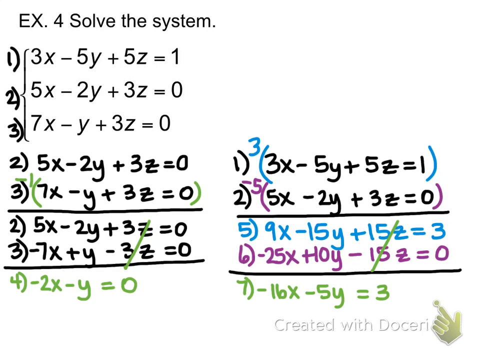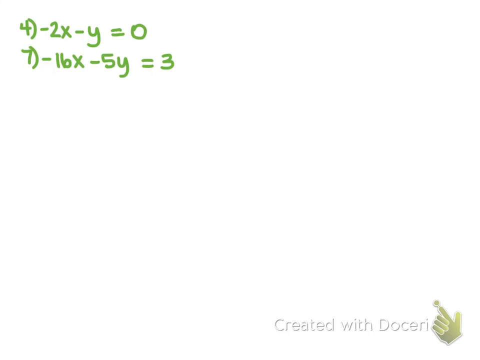For equations 4 and 7, I want to multiply the top equation by negative 5, which will make the y's cancel. You could have also multiplied the top equation by negative 8, which would make the x's cancel. Either way, in the end, we should get the same answer.